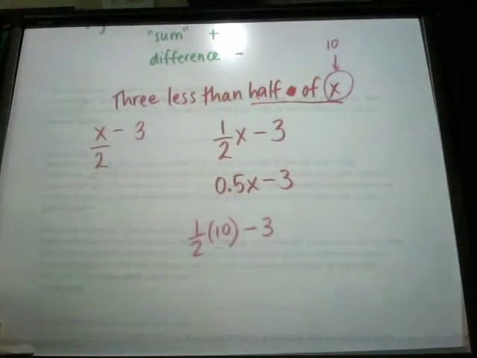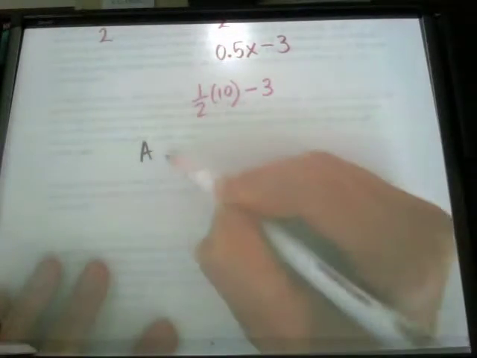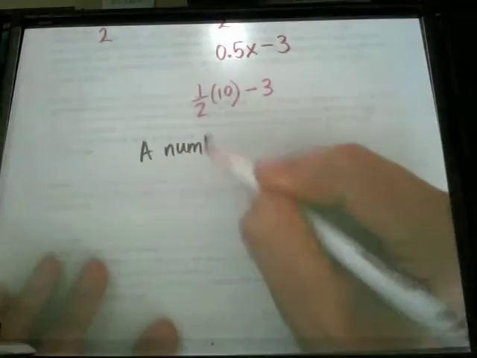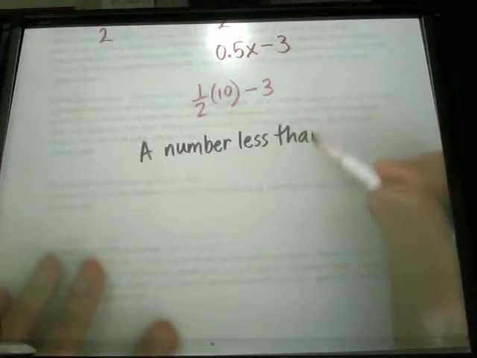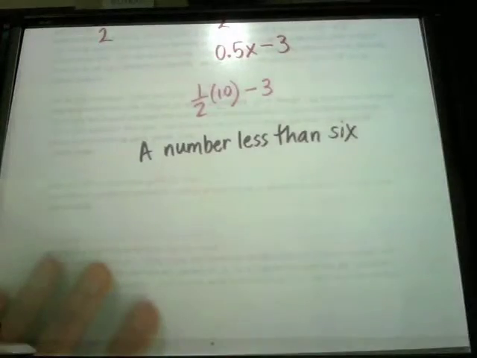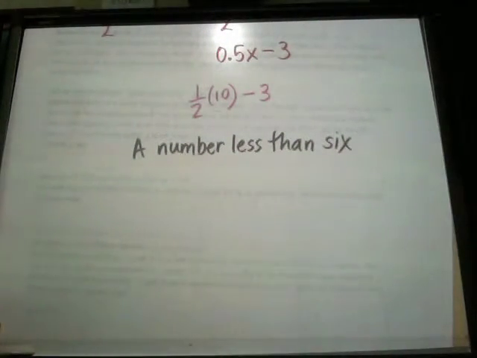Let's try a couple more subtraction ones just to make sure everybody's got it. How about a number less than 6? When it says a number, that just means the book is not giving you a specific variable and you can pick whatever letter you want, but it will be a variable.